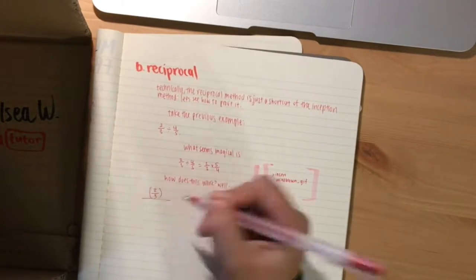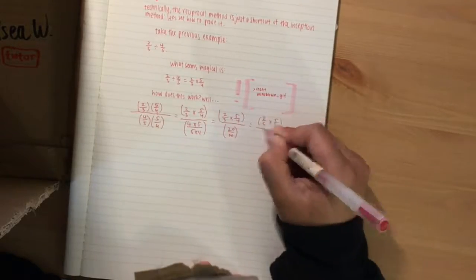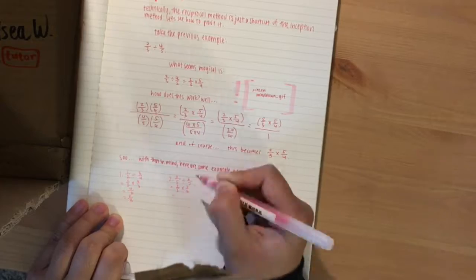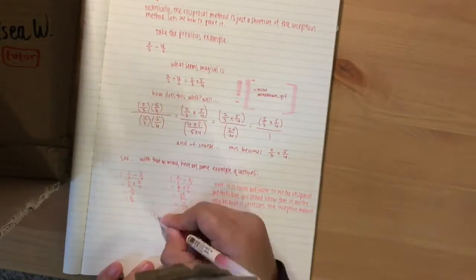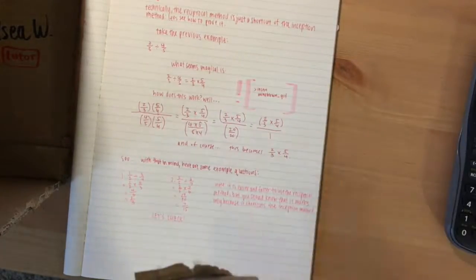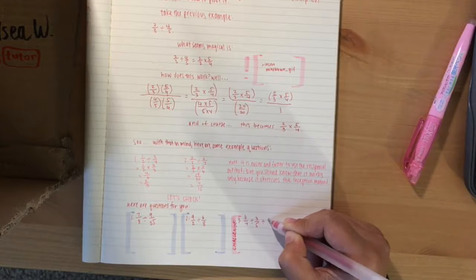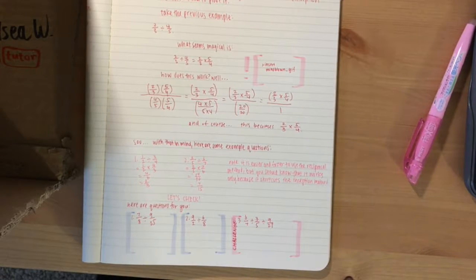Okay, well, 2 over 3 over 4 over 5, if we write it in the inception method and we go through all the steps of the inception method, we can see why it becomes 2 over 3 times 5 over 4. But for the methods of 6th grade, all we need to know is this reciprocal method. It's the easiest way, and I don't think we actually need to know the inception method for a while. So here are questions for you. Here are 3 questions, and pause the screen again in order to do these questions.